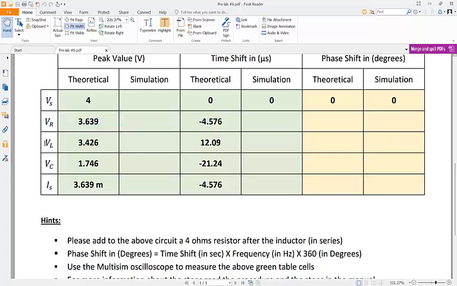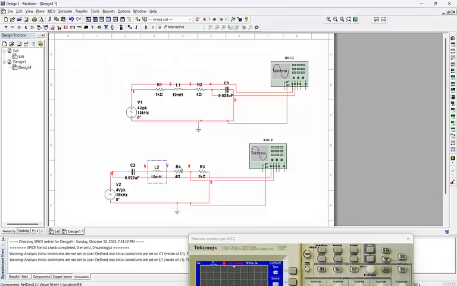For VL, you are going to do the same. You are going to replace the inductor by the resistor. Make the resistor at the end which is nearest to the ground. It has a common ground, and from here you are going to measure the V peak across the inductor and also the time shift.